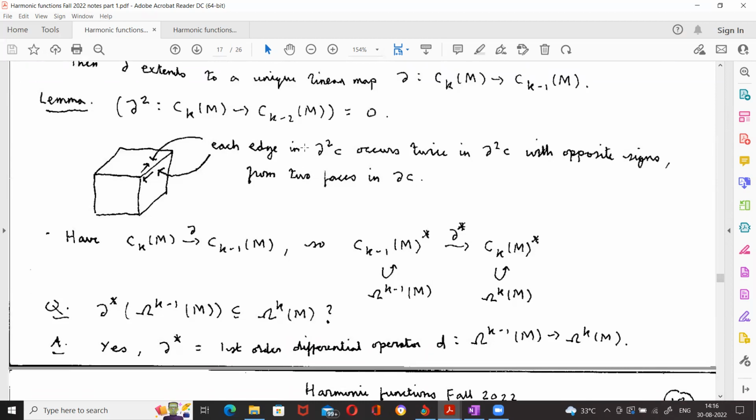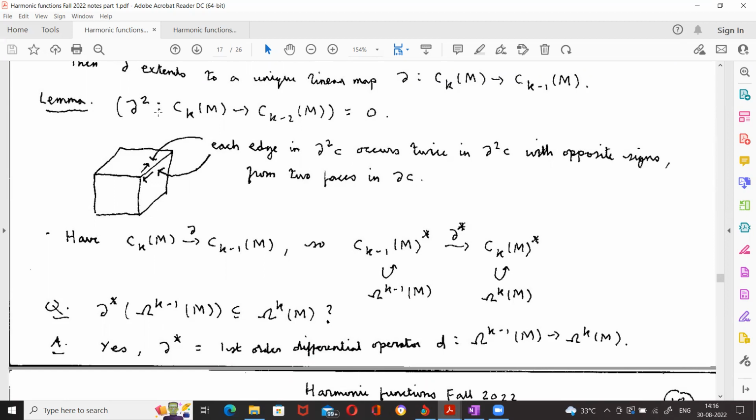Now, of course, I should just say that once you know that the boundary squared is 0, then you get a chain complex, right? That means a sequence of linear maps between a sequence of vector spaces. The sequence of vector spaces are the k chains. And this sequence satisfies that the composition of two successive maps in the sequence is 0. So that means the image of boundary is contained in the kernel of the next boundary map.